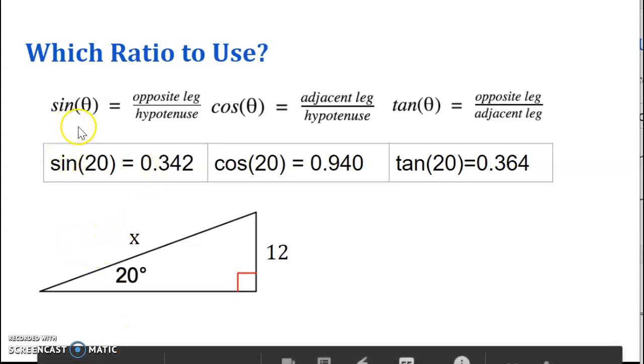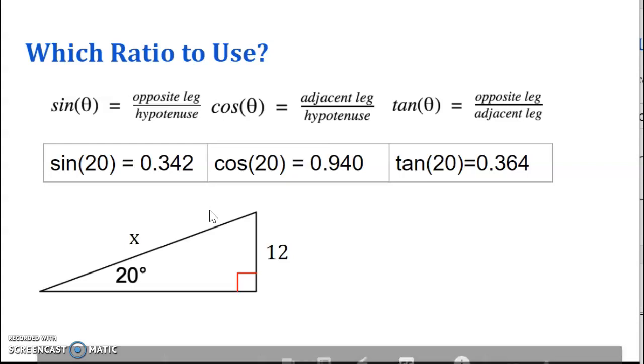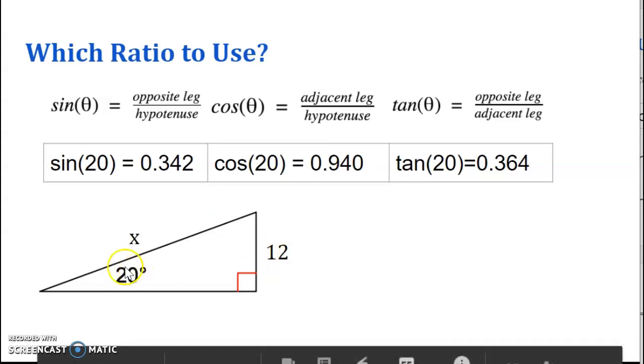So we've just looked at using the sine, cosine, tangent ratios. The last one is looking at this triangle. What information are we dealing with? We have the reference angle of 20 degrees.